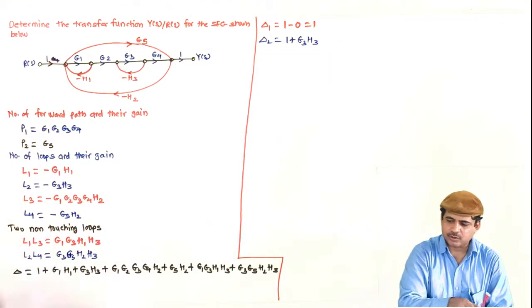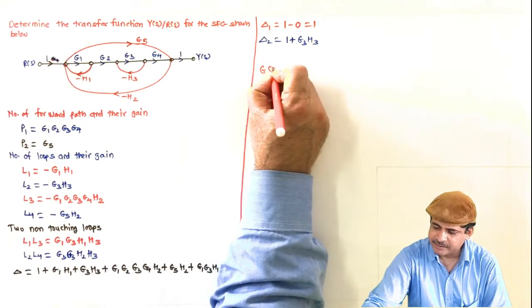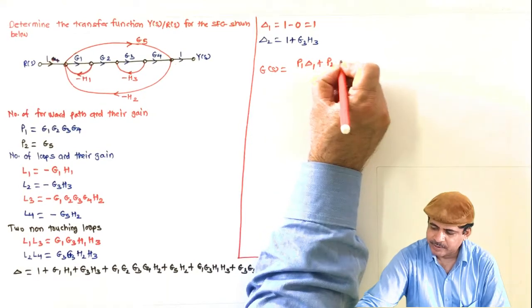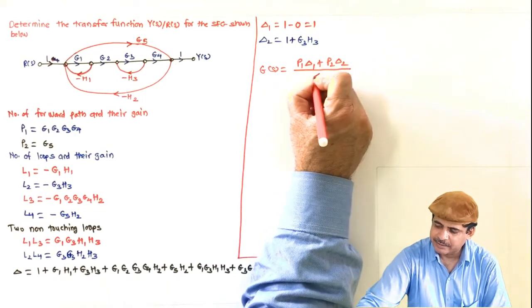So delta 1, delta 2 are also obtained, and then finally G of S equals P1 delta 1 plus P2 delta 2 divided by delta.